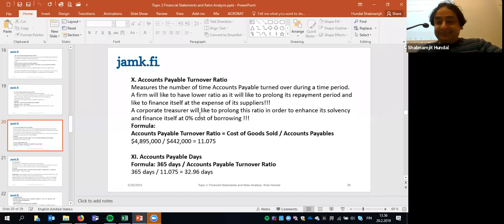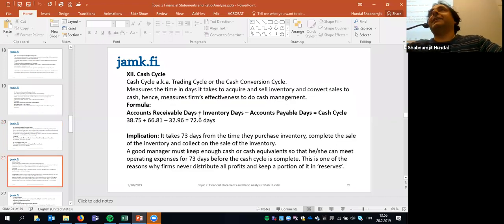Okay. And then comes the cash cycle, that what should be the overall cycle. And cash cycle is very simple. The number of accounts receivable days plus the number of inventory days minus accounts payable days. You want them less, because if they're less, it means that you are converting the inputs to output faster, efficiently.